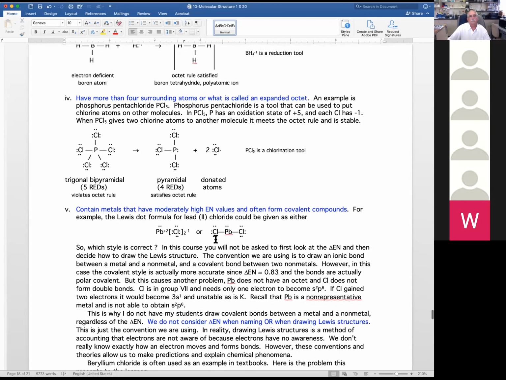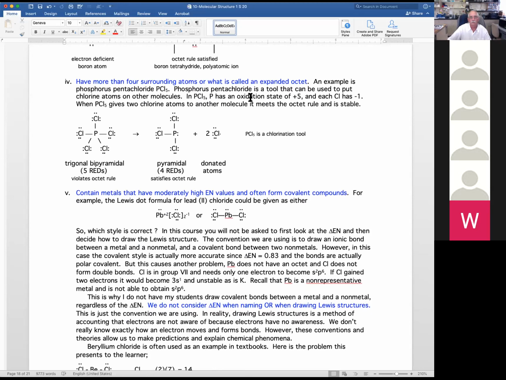Then we have some that have what's called an expanded octet. It's like, what the heck? Yeah, I had that same problem with it. So here's a molecule that does exist. We'd have to keep it in a test tube away from other things. The central atom has 2, 4, 6, 8, 10 electrons around it. Oh my God, it doesn't meet the octet rule.